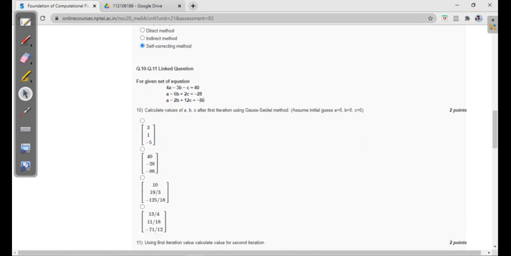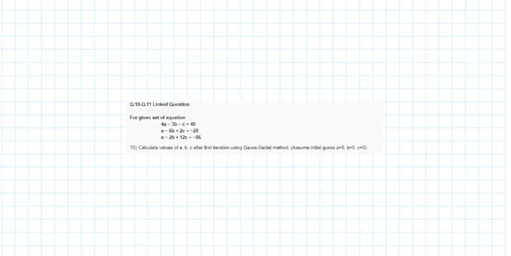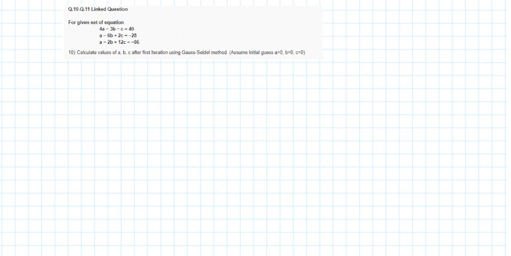Question number 10th and 11th are linked questions. Calculate values of A, B, C after the first iteration using Gauss-Seidel method. We will solve these questions in a detailed manner. See how we can solve it. The equations are first, second and third.